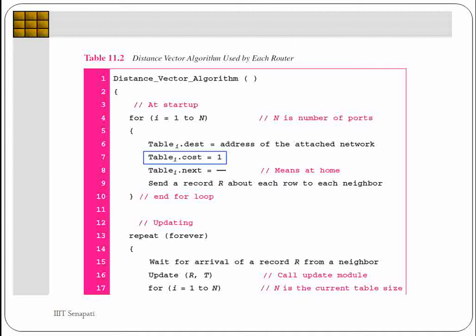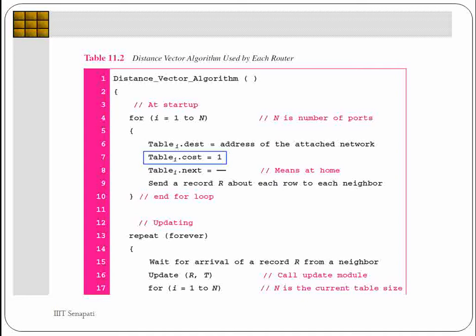Now each router needs to update also, right? So for updating, what will happen? Whenever it receives some information from its neighbor, it will update its own routing table. So for each router, it will execute some part of the whole Bellman algorithm. It has to update its own table, so it has to find the minimum among the values from the neighbors.